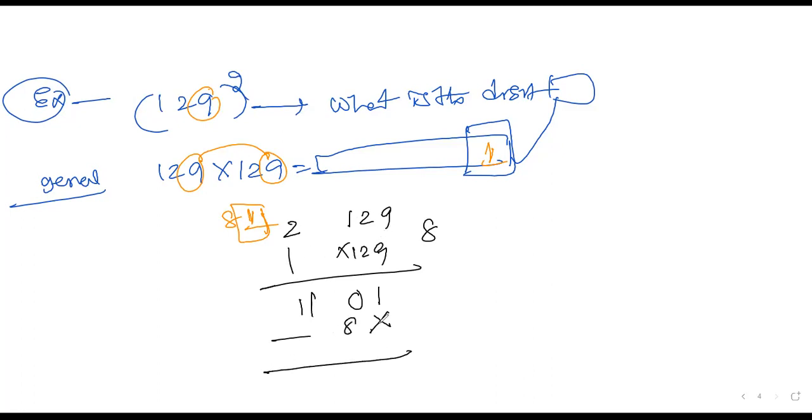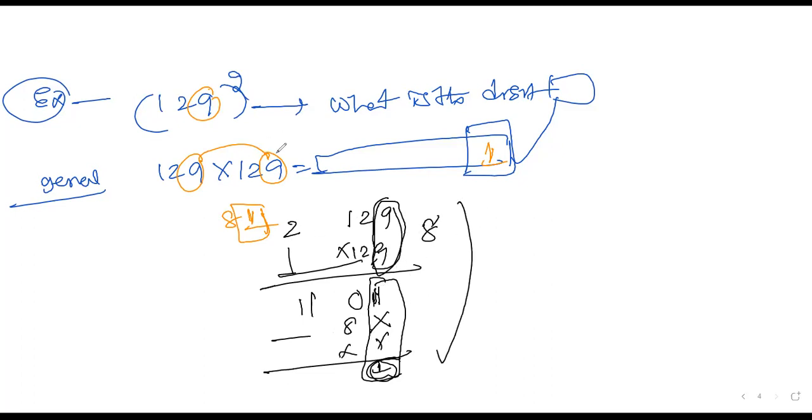The process will continue, but the last digit of the answer will only be 1. So it doesn't depend on the entire calculation, only on the first calculation of 9 nines. If they're asking only for the last digit of the given square, you can multiply only the last digit. Clear?